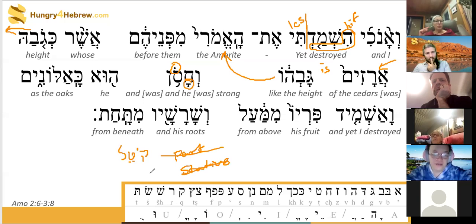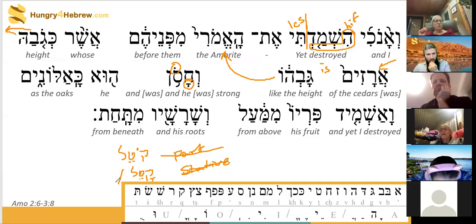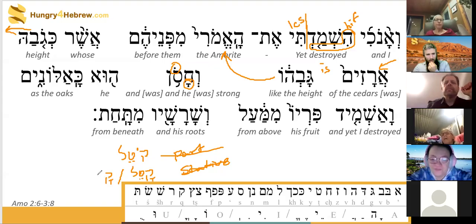Stative, there are some A-O statives, but there aren't many of them. And most of the statives have A-E, katel. Or what's absolute, infinitive absolute?